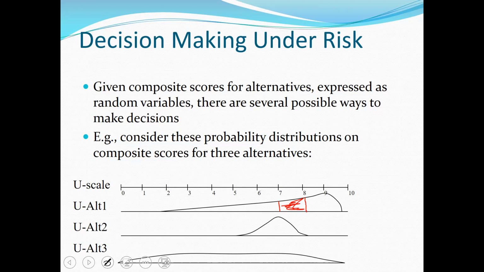And if I want to figure out the probability of the utility score for alternative 3 lying between 7 and 8, I'll find the newly shaded area. That's how you use the probability distributions to figure out the probability of alternatives having that utility score or that range of utility scores.